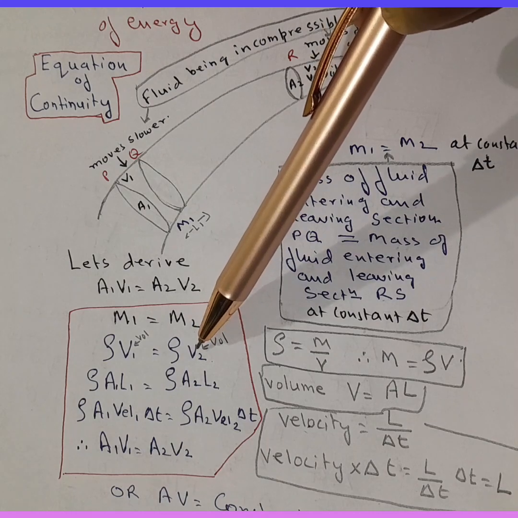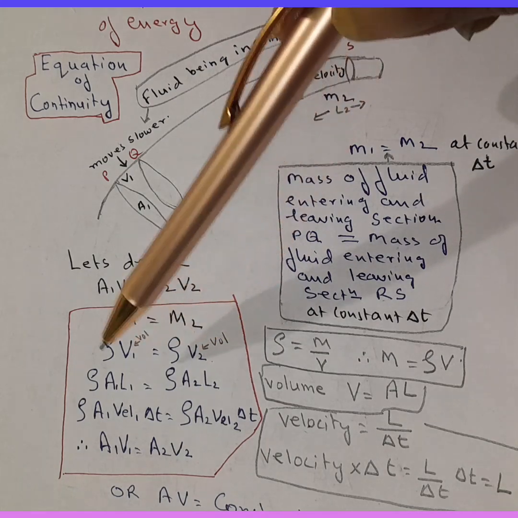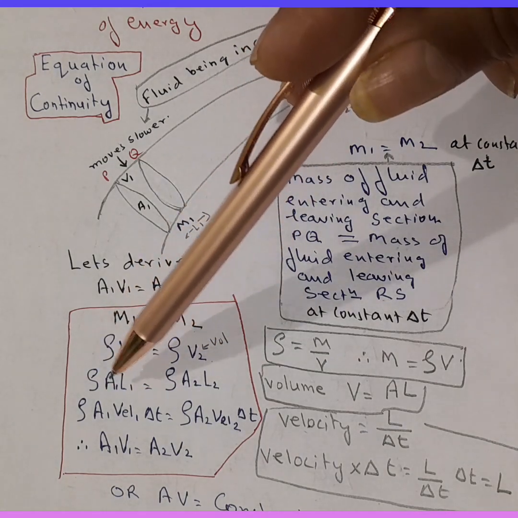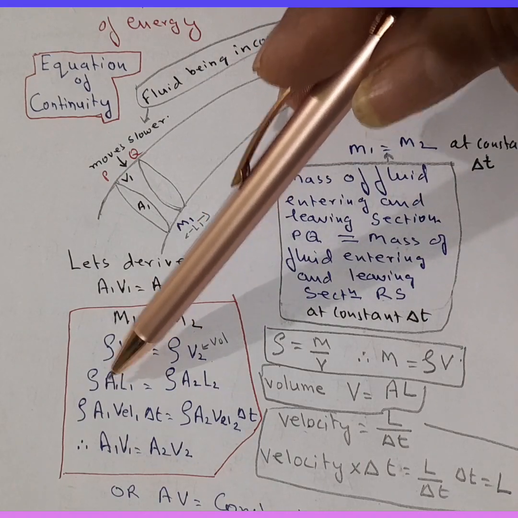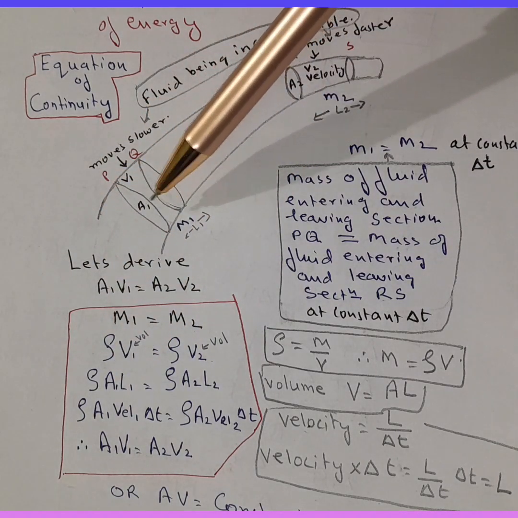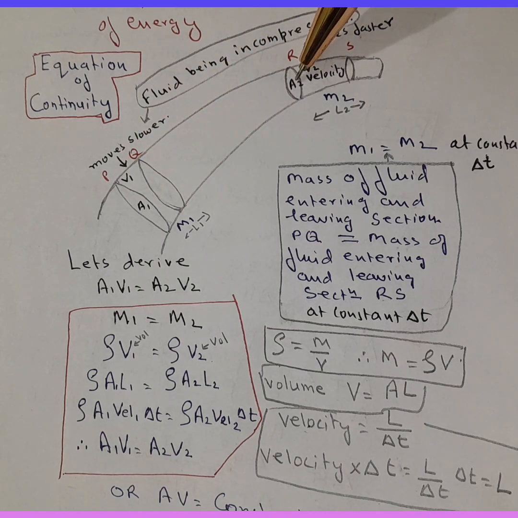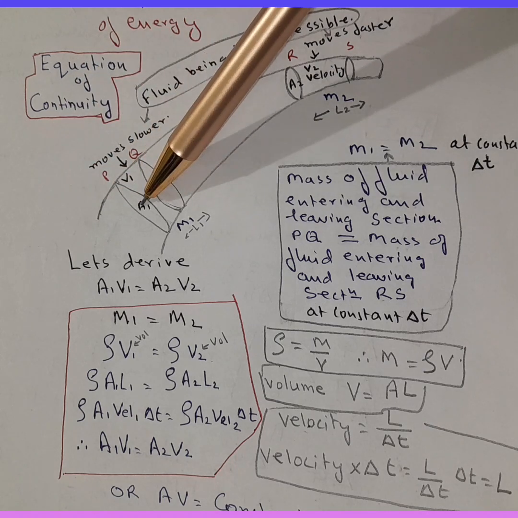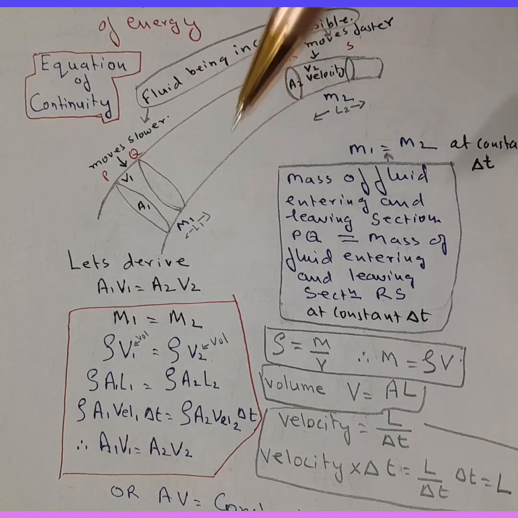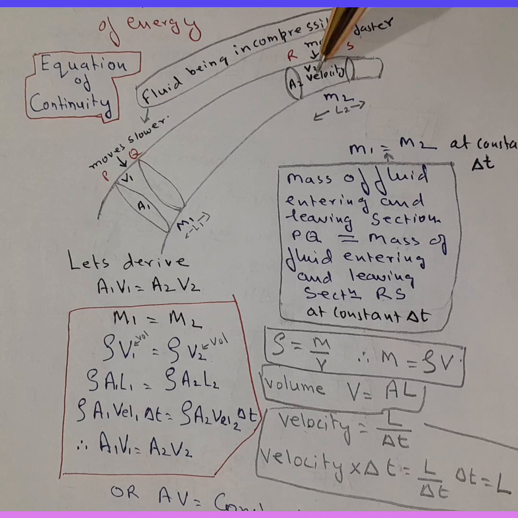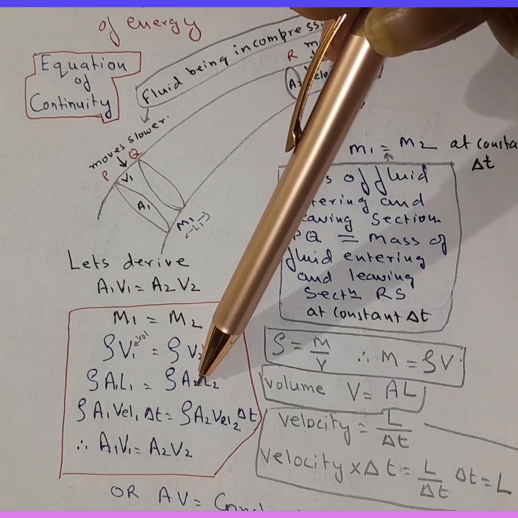Just to clarify, this is not velocity, this is volume. And volume we already saw is AL. So for this, volume V1 is A1 into L1, and for V2 it is A2 into L2.